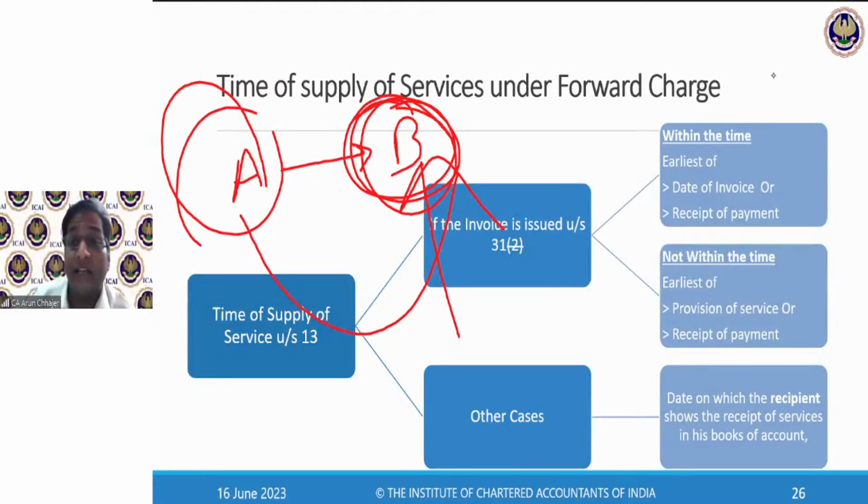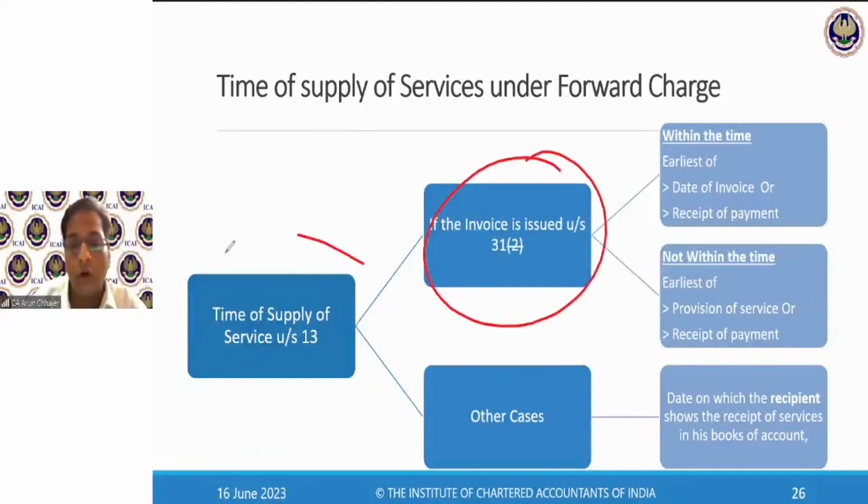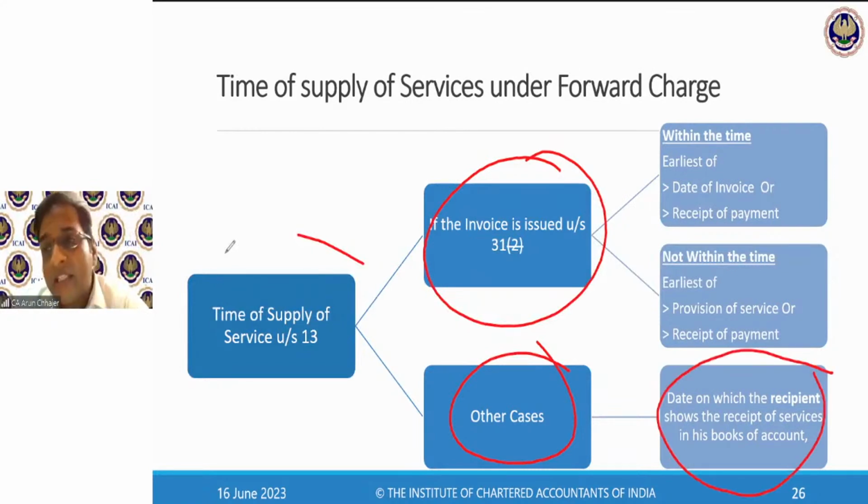Let me repeat once again. We are talking about the time of supply for services. It is being divided in two parts: if the invoice is issued, or if the invoice is not issued. If not issued, then it is not possible to identify the time of supply from the supplier's books.